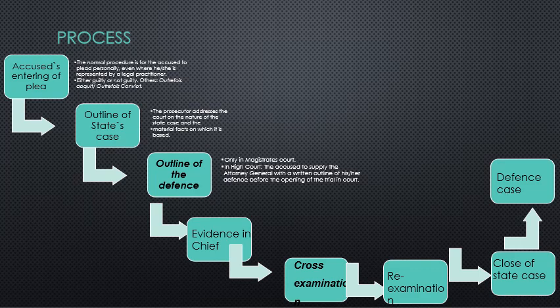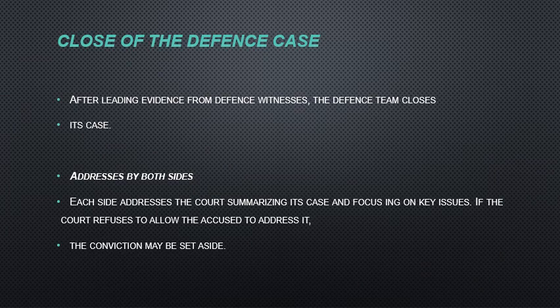The defense comes in with its evidence in chief, submits evidence, and then the state comes in and cross-examines the defense evidence, and then the defense comes in and re-examines the witness, and then we close the defense case, right? And then after closing the defense case, we have addresses from both sides summarizing the case, focusing on key issues, and then the conviction may be set aside if there was no sufficient evidence beyond reasonable doubt.